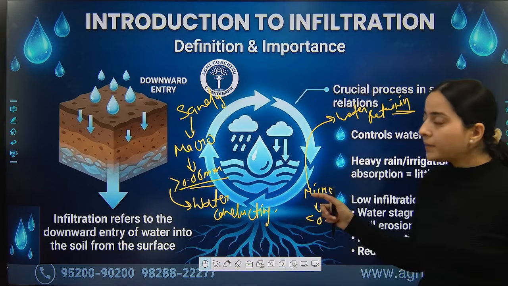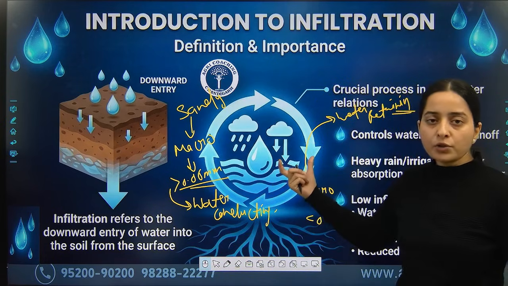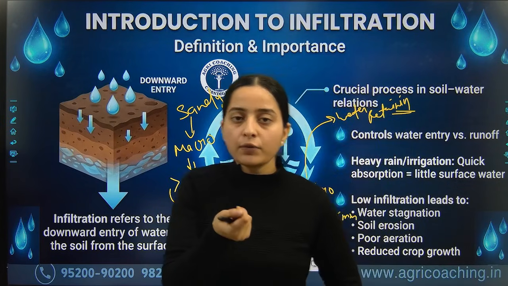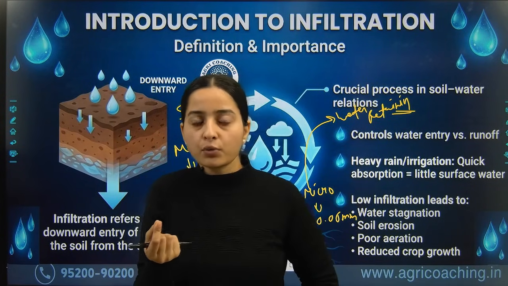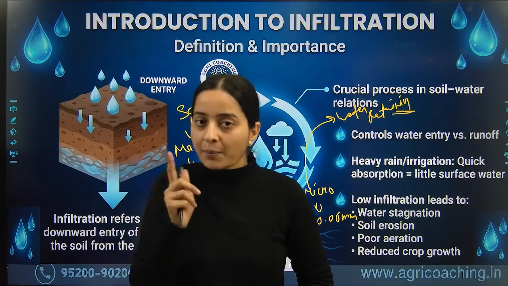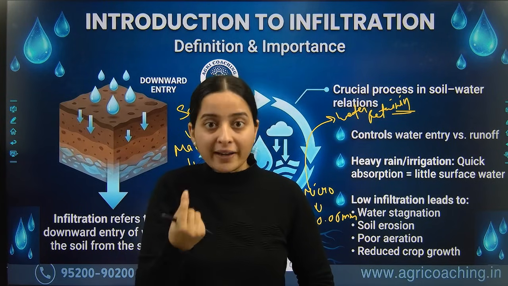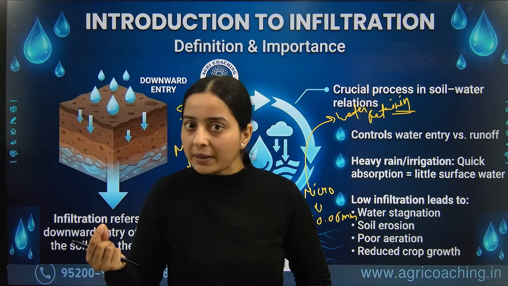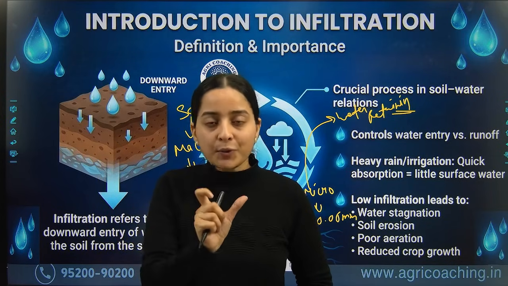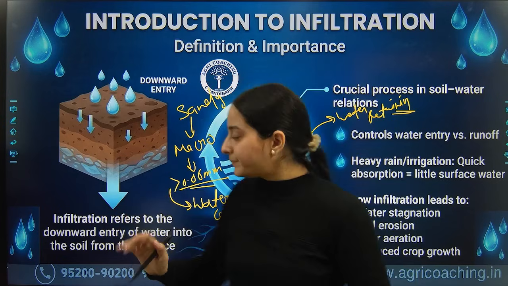Why is it more in sandy soil? Due to macropores. For example, if you have a tea strainer with big holes, the tea can pass quickly. But if the strainer has fine holes, it takes some time. Similarly in sandy and clay soil, due to the macropores, water enters at a good speed.